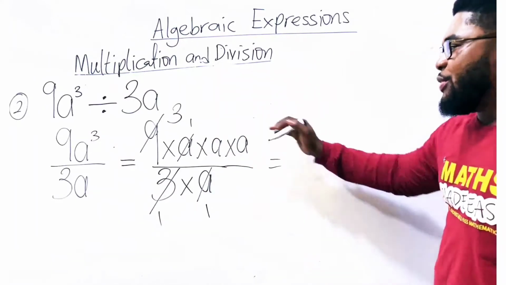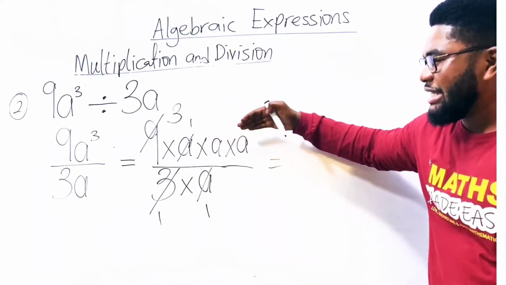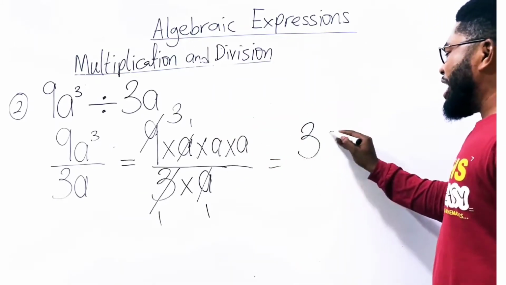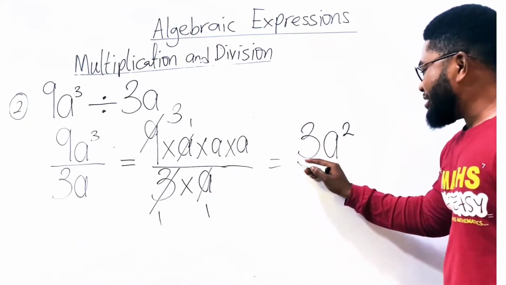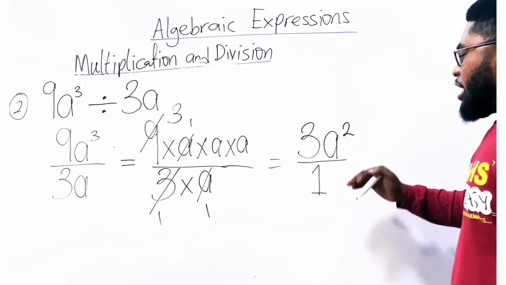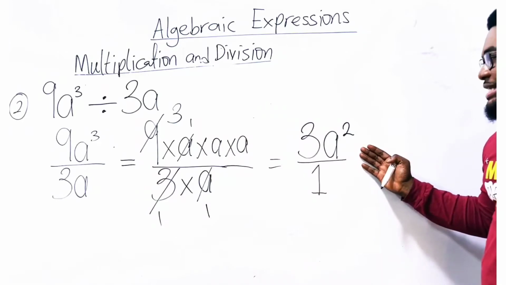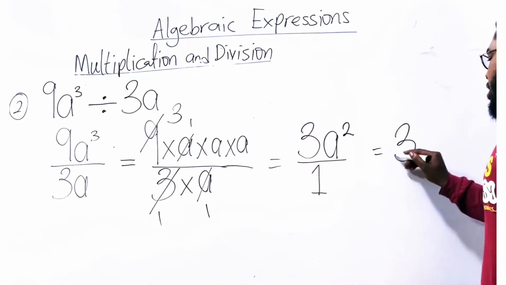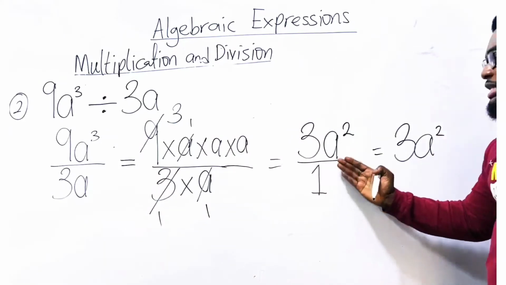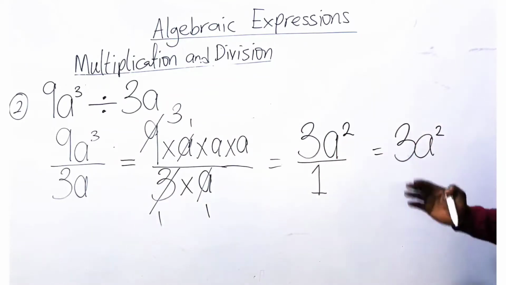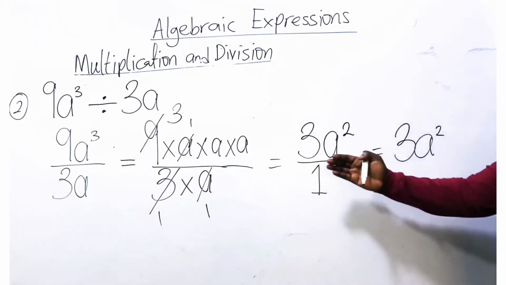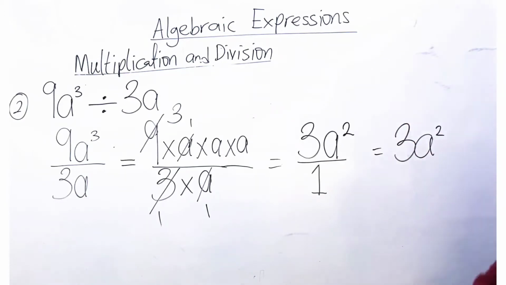We have 3 times 1 times a, making it 3a squared, all divided by 1 times 1, that is divided by 1. Now checking this, we can rewrite it as 3a squared. Why? Because any number divided by 1 in mathematics is still the same number. So our final answer will become 3a squared.